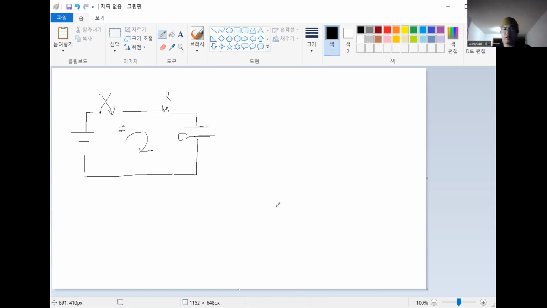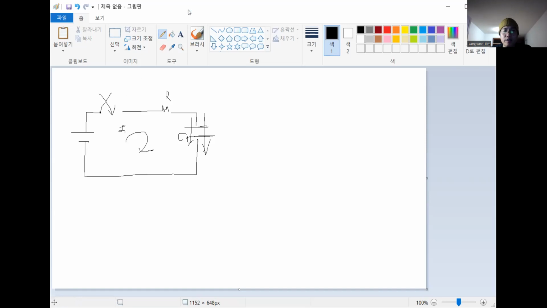The answer is yes, but as you know, it cannot come through like this. These are bound electrons, so it's different. The free electron and bound electrons are different, right? So totally different meaning.